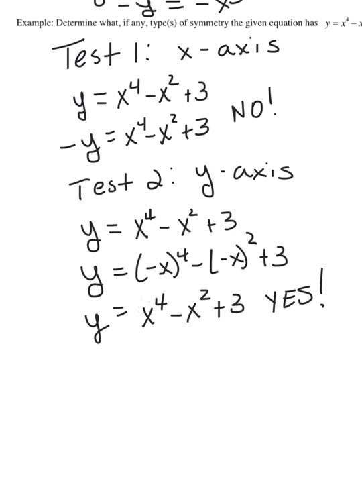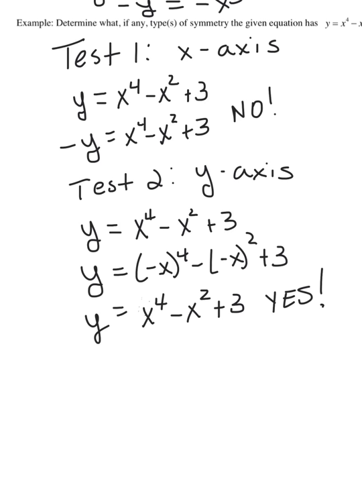And yes, if I multiply negative x times itself 4 times, I'm going to get x to the 4th power. And the same thing here, if I multiply negative x times itself, I'm going to get x squared. So this ends up being the exact same equation that we started with. So in this case, this function is symmetric with respect to the y-axis.